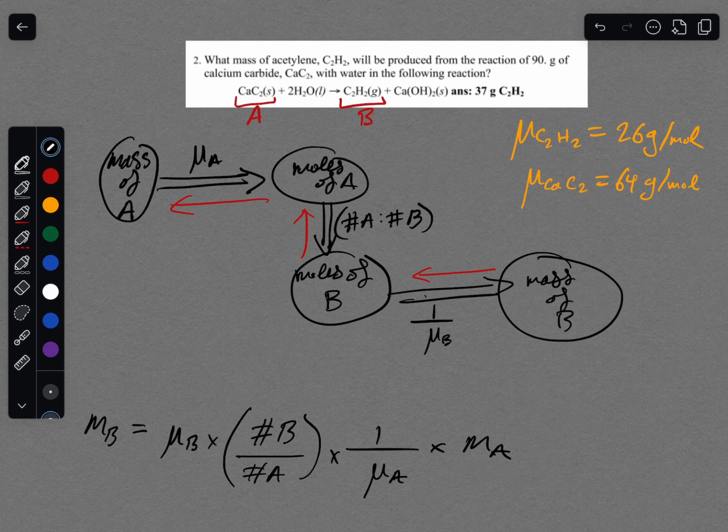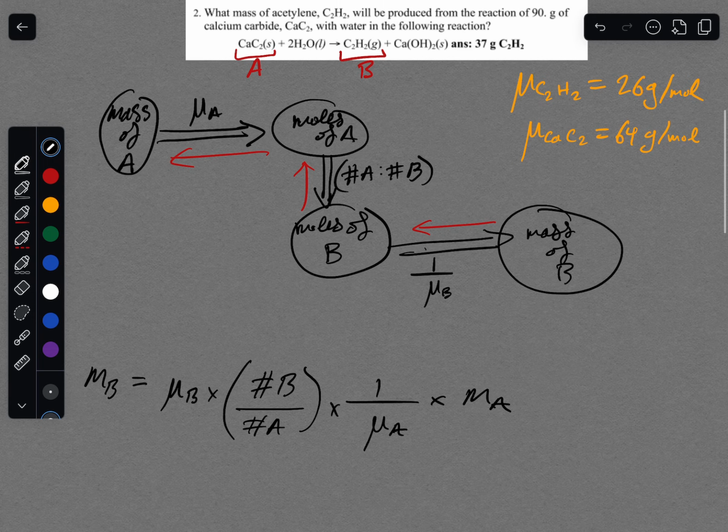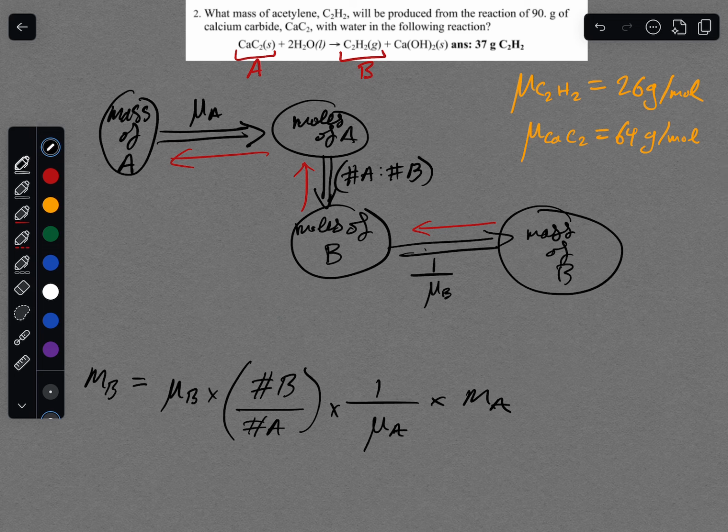So if we are interested in the mass of C2H2, that's our B, then we can just plug things in here. So the molar mass of C2H2 I already worked out to be about 26 grams per mole. And the mole ratios are 1-to-1.